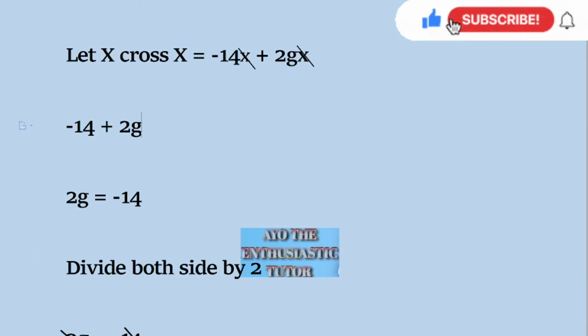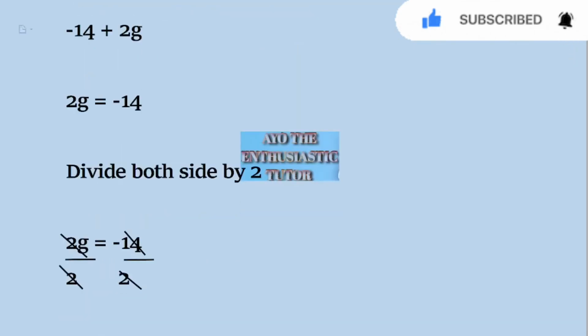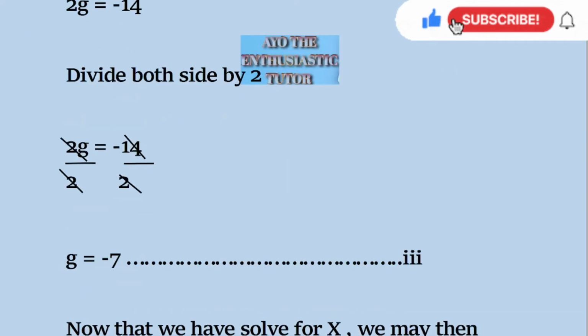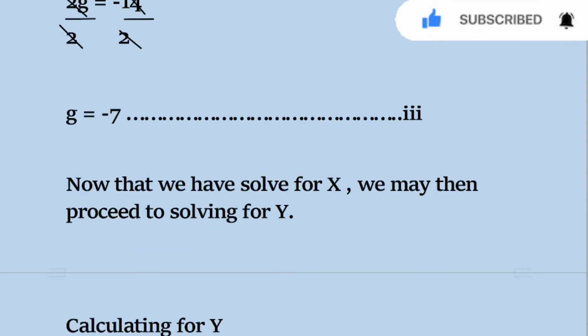So we switch sides, bring 2g here, and we have equals minus 14. We divide both sides by 2, so we have 2g all over 2 equals negative 14 all over 2. Then 2 cancels 2, we have g, and negative 14 divided by 2, so we have g equals minus 7.